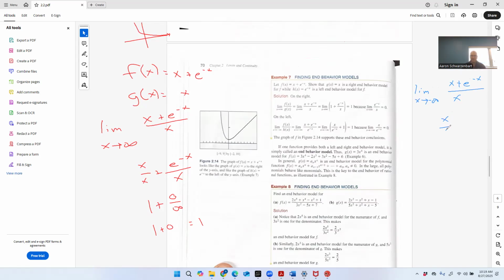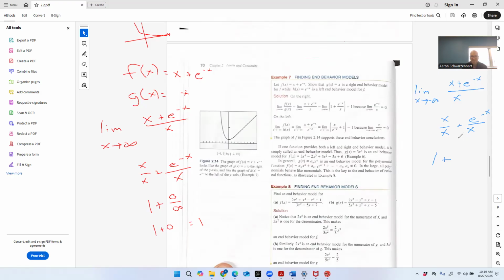And I still have the x over x plus... I can think of x plus x is still 1. But e to the negative x over x, this is where it gets a little interesting.